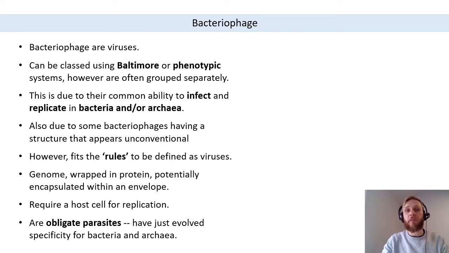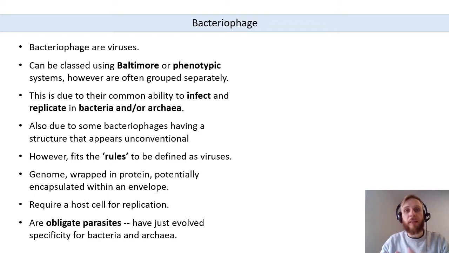If we use the phylogenetic classification system, we really get two big orders of bacteriophages, so two separate large groups of bacteriophages, and then a lot of other bacteriophage families that don't fit into these two groups essentially.